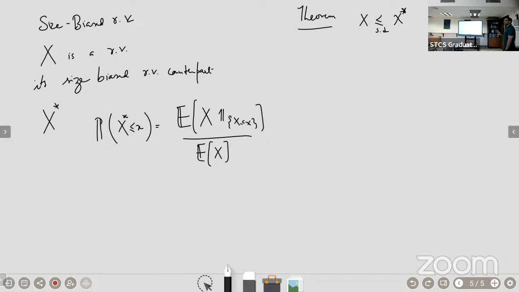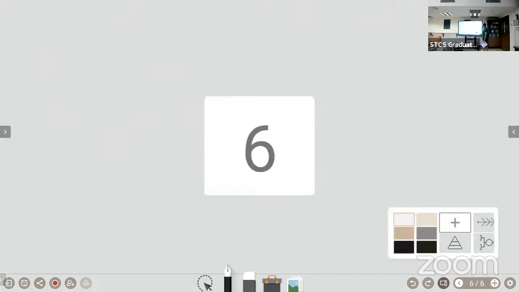The expectation ordering does not imply stochastic domination, so that's the converse result.